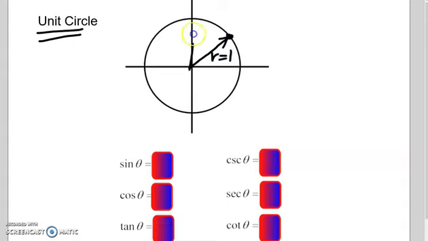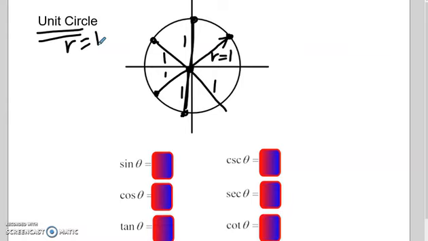So if I'm there, radius is 1. If I'm here, radius is 1, right? No matter where I go from the center to any point on the circle, the radius is going to be 1. Okay, so that's what the unit circle is about.